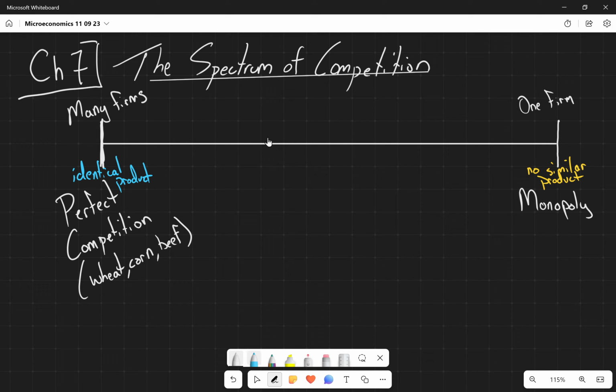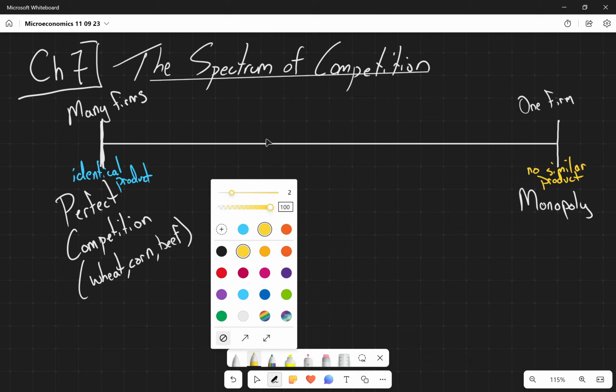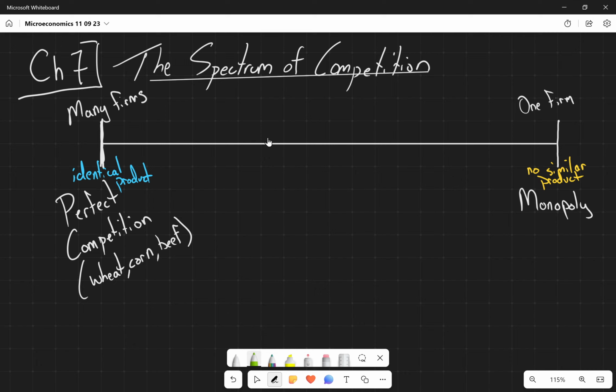Now, when we have a situation where there are a few firms, but not that many, we are over here in what's called an oligopoly. When we have few firms, and a lot of barriers to entry, we have a situation called oligopoly.